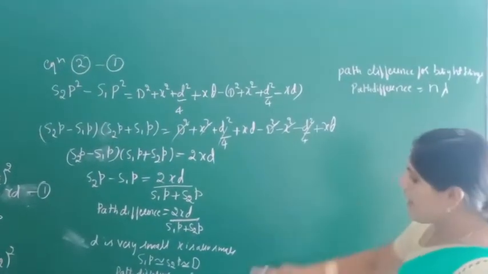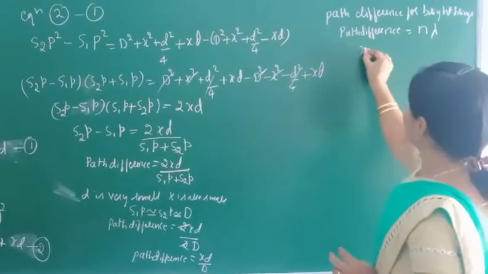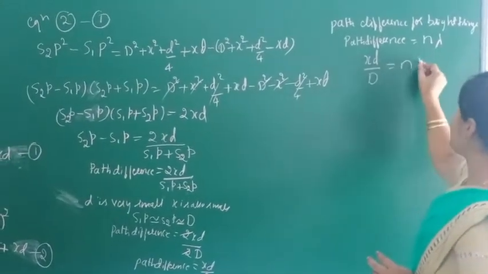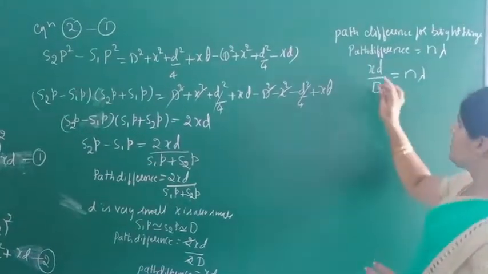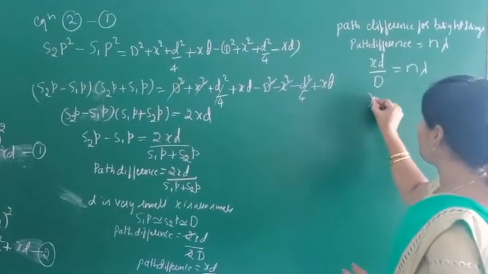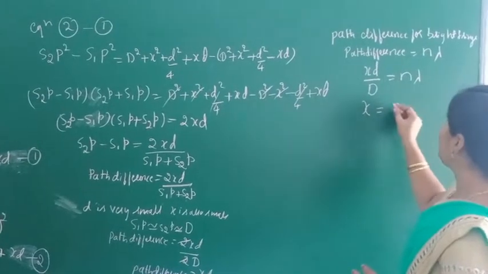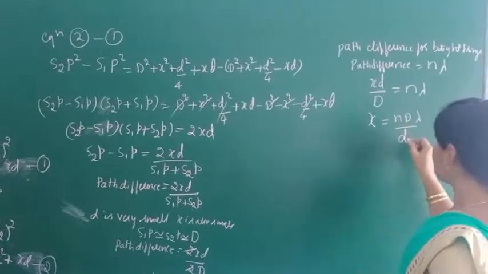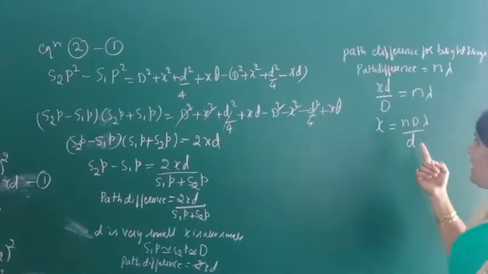Here the path difference is xd by D, which equals n lambda. So this expression can be written as x equals n D lambda by d.